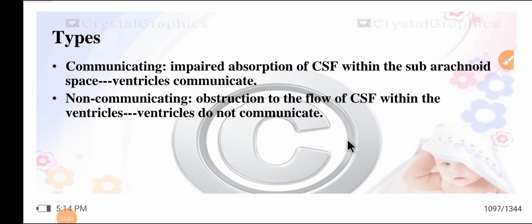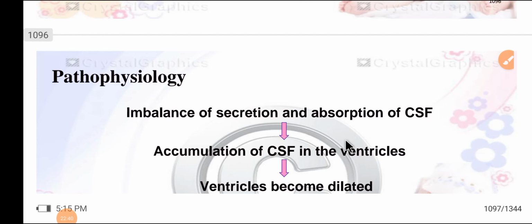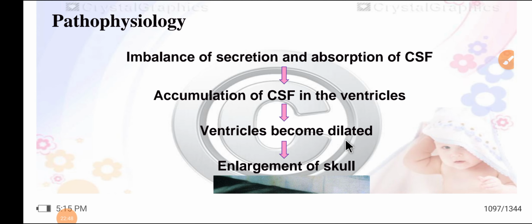Types: communicating, impaired absorption of CSF within the subarachnoid space, ventricles communicate; non-communicating, obstruction to the flow of CSF within the ventricles, don't communicate. Pathophysiology: imbalance of secretion and absorption of CSF, accumulation of CSF in the ventricles become dilated, enlargement of skull.